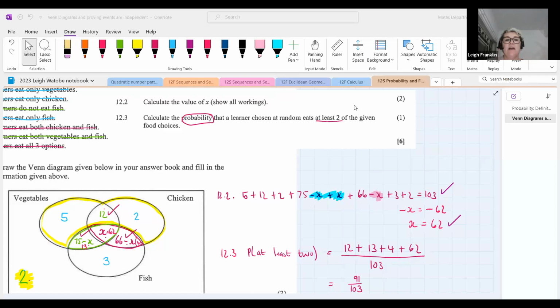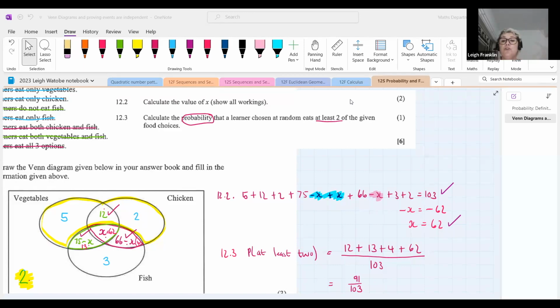So Lesejo, did you get, so the equation is here, 5 plus 12 plus 2 plus 75 minus x plus 66 minus x plus 3 plus 2 equals 103. We're adding everything together, everything that's inside the circles, as well as that which was outside the circle.